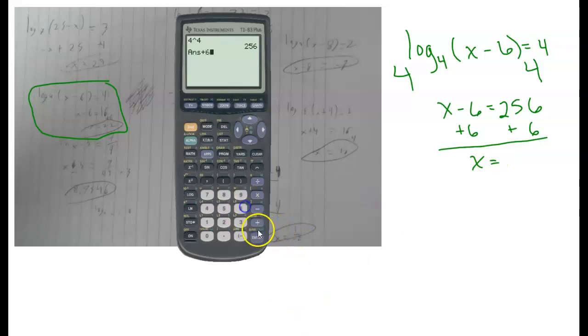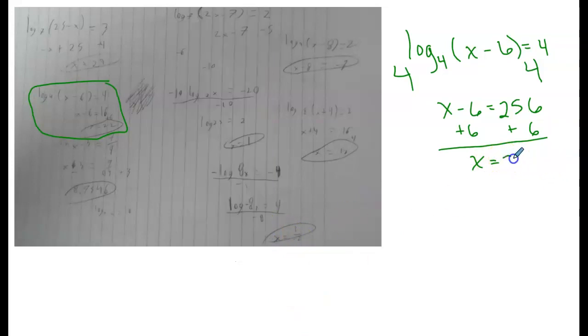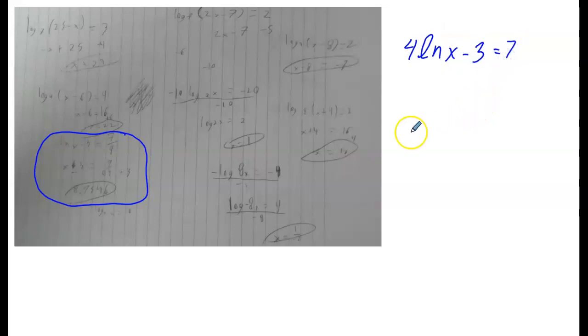and that gives us 262 as our answer. Okay, so next we'll take a look at this problem. And the original problem was 4 natural log of x minus 3 is equal to 7.